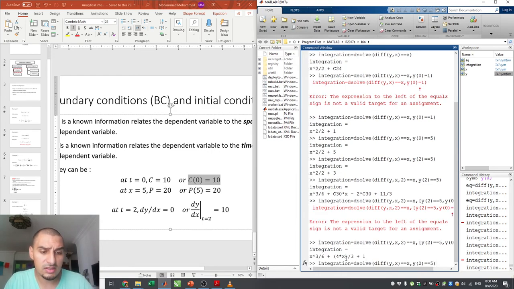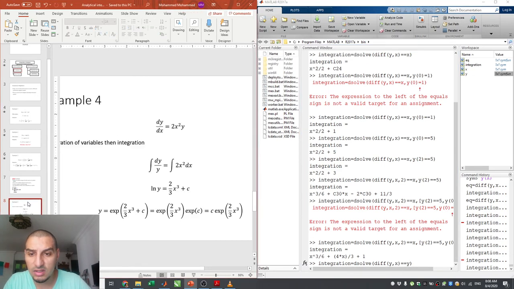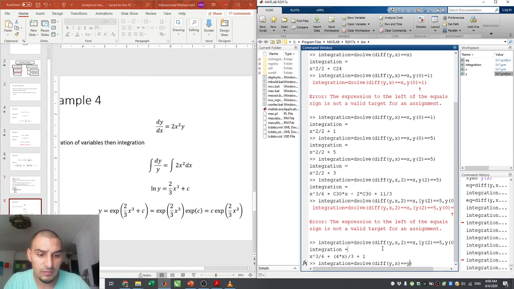For instance, you can try without boundary conditions, try an equation of y, or let's try the equation that we just wrote here, which is 2x power 2 multiplied by y, without boundary conditions.